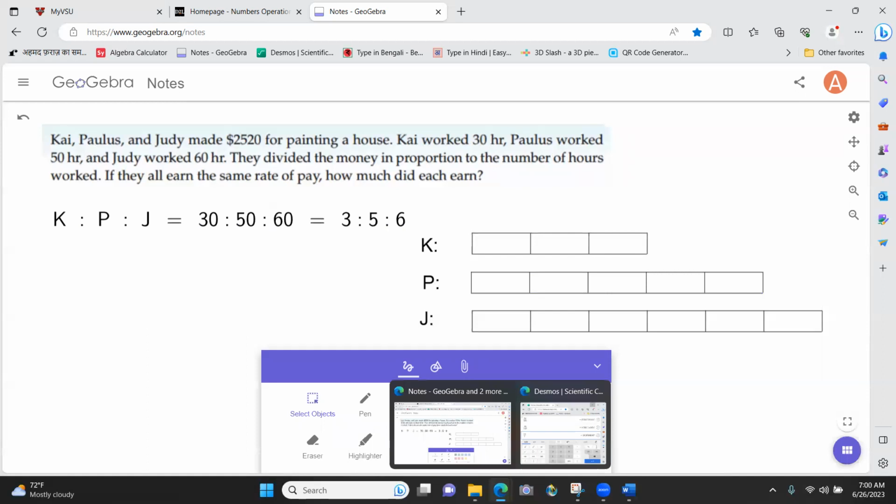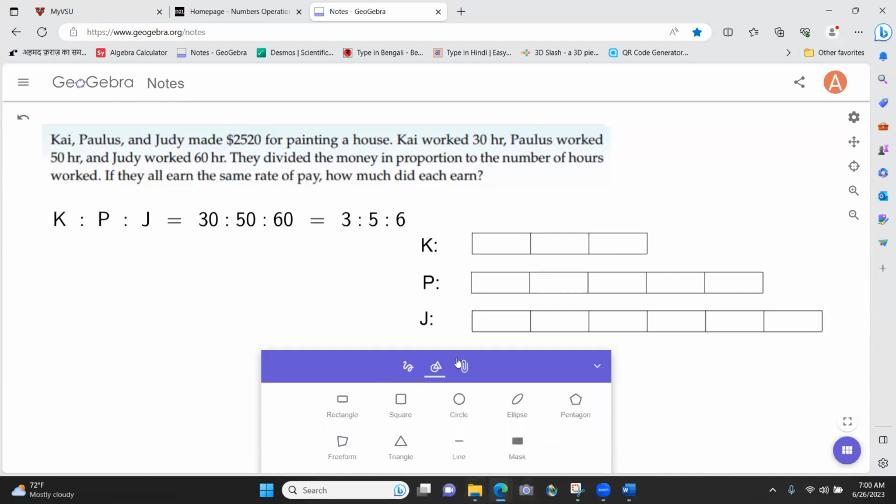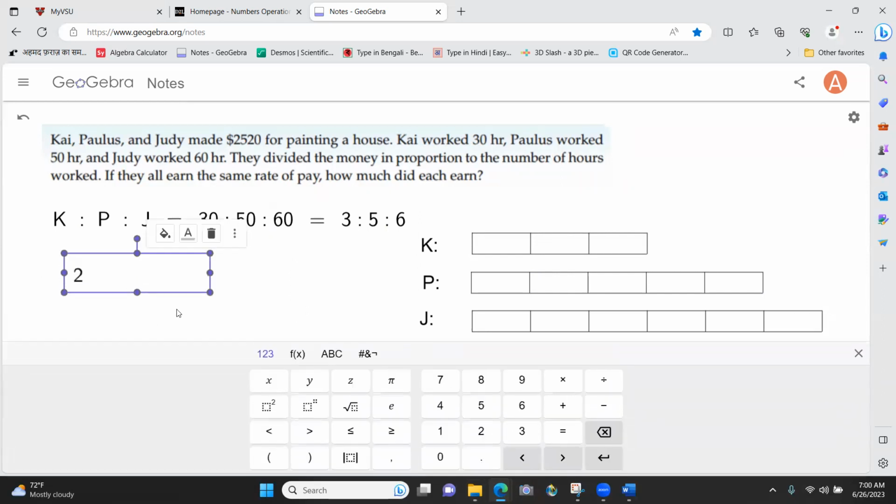So I'm going to divide that large number, the money amount, by 14. And it's money, so I'm going to put a dollar sign here. I'm going to use my calculator.